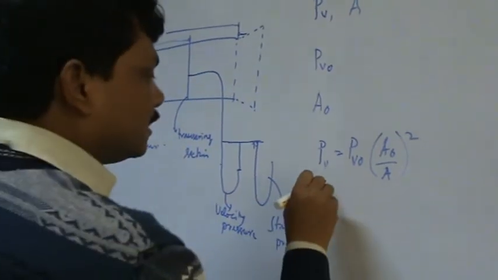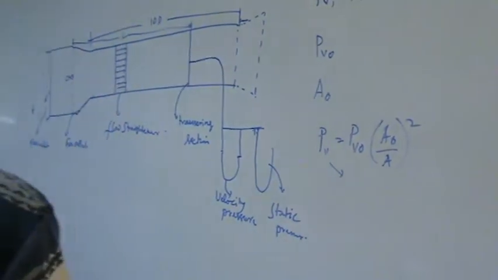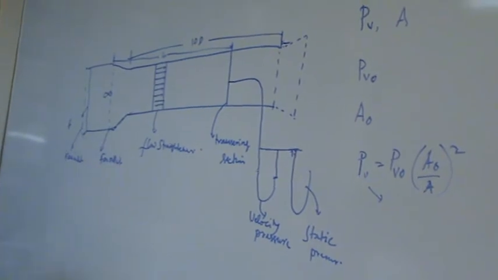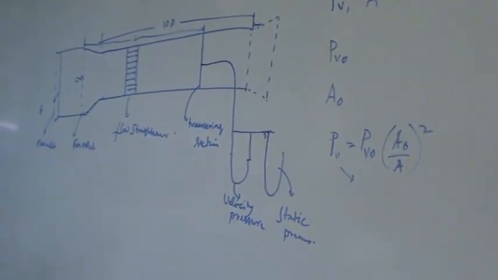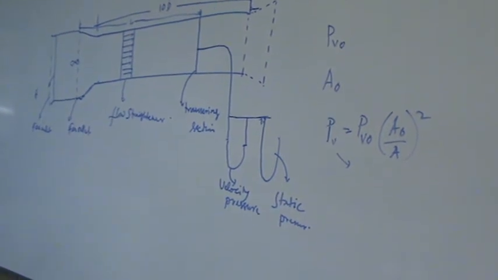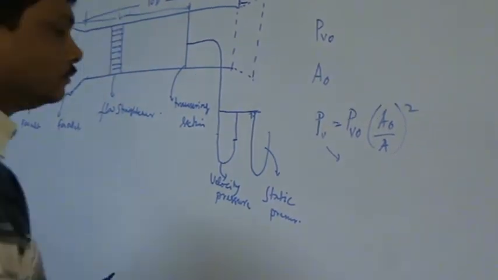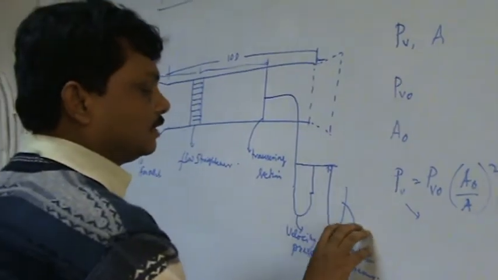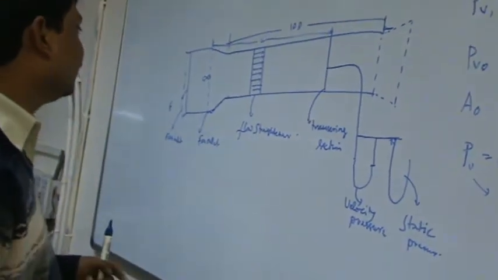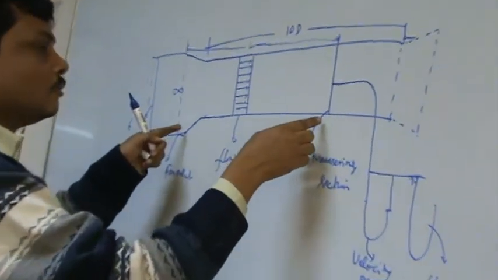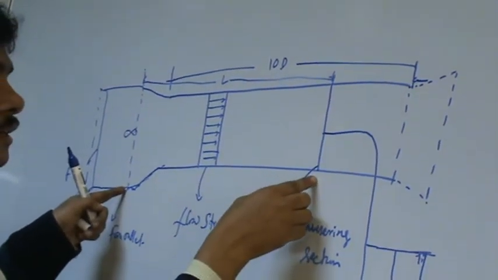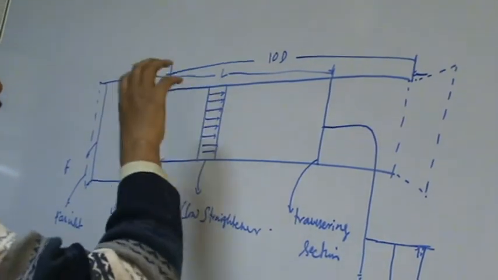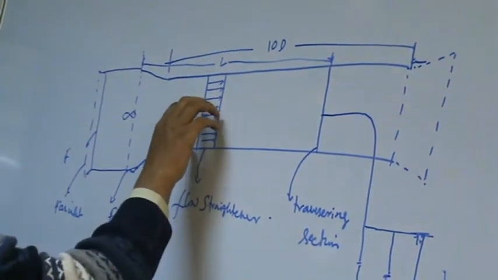So once we get this PV, now to find out the fan total pressure, we have to find out the static pressure here and the frictional losses from the fan outlet to the traversing section and the frictional losses at the flow straightener.